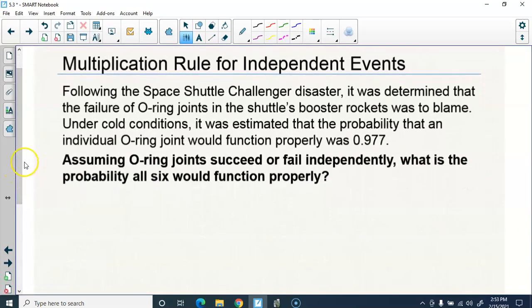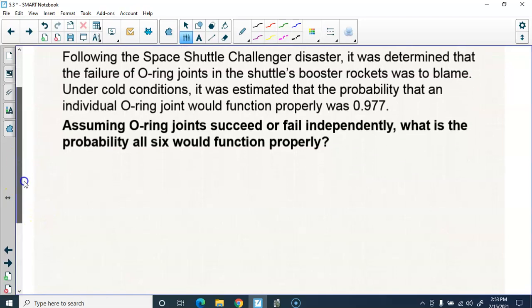Following the Space Shuttle Challenger disaster, it was determined that the failure of O-ring joints in the shuttle's booster rockets was to blame. Under cold conditions, it was estimated that the probability that an individual O-ring would properly function was 0.977. Assuming that O-ring joints succeed or fail independently, what's the probability that all 6 would function properly?